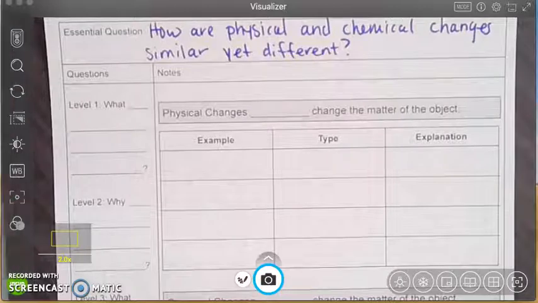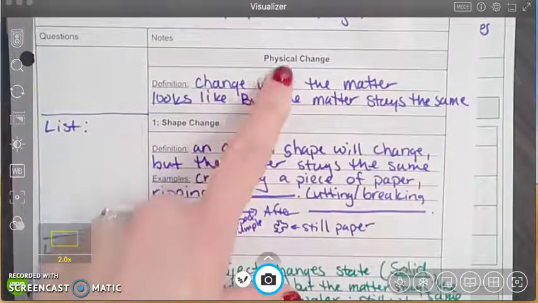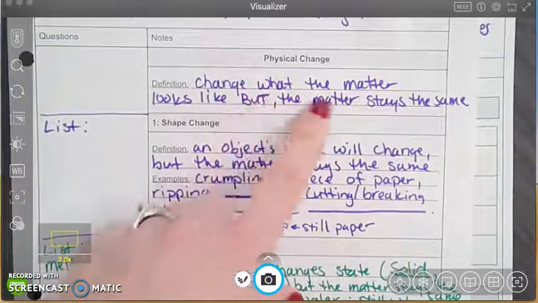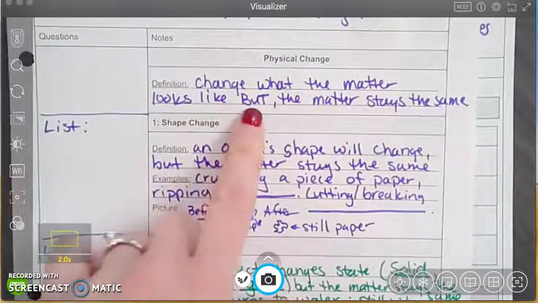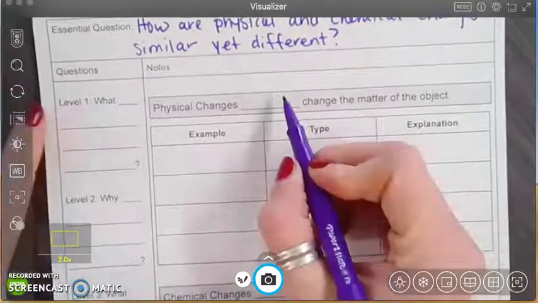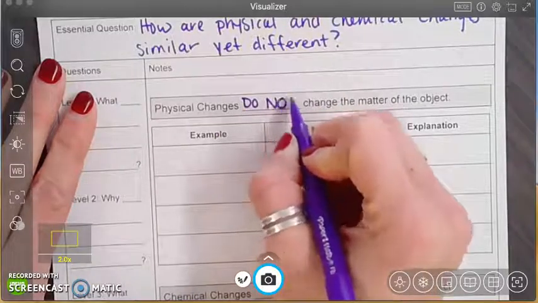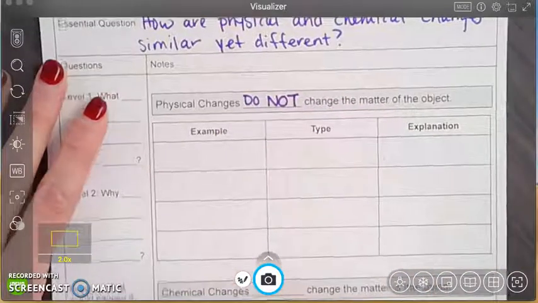Okay, so if I looked at my notes yesterday, I saw that a physical change changes what the matter looks like, but the matter stays the same. So this is going to say physical changes do not change the matter of the object.